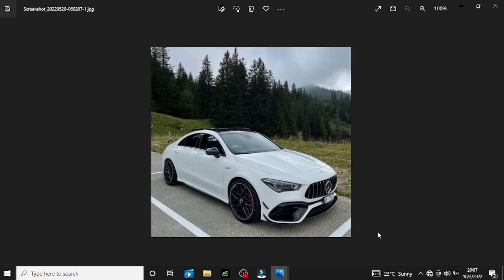Guys, here's another trade breakdown on BTCUSD, Bitcoin USD. It's another nice trade.